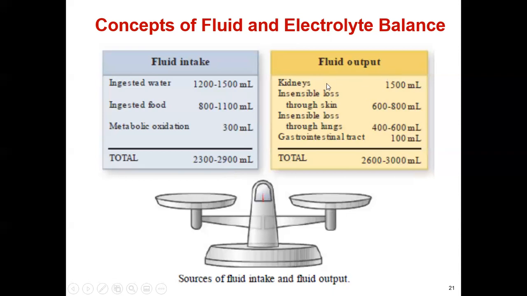Fluid output through the kidney is 1500, insensible loss through the skin around 800, insensible loss through the lungs around 600, and the gastrointestinal tract, like defecation, 100 ml.